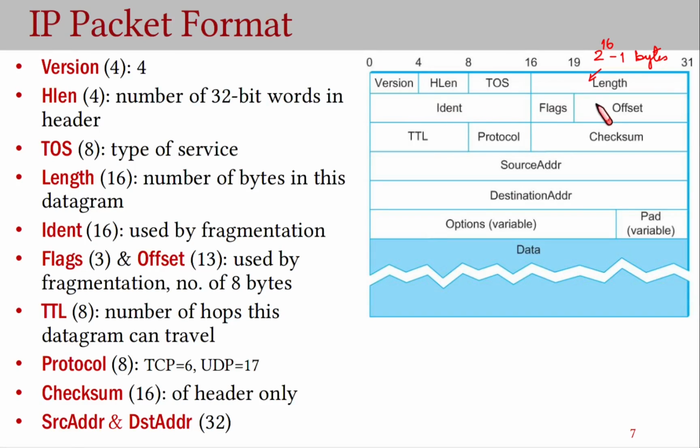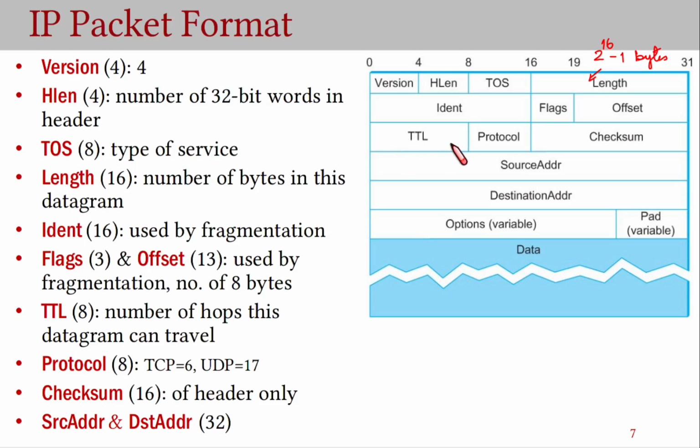These next three fields, 4 bytes, are used in fragmentation. The first field, 16 bits, is an identifier that identifies a particular datagram. So even if we fragment this datagram, this identifier remains the same. And then there are 3-bit flags, and then there is a 13-bit offset. So I will come back to this in a minute.